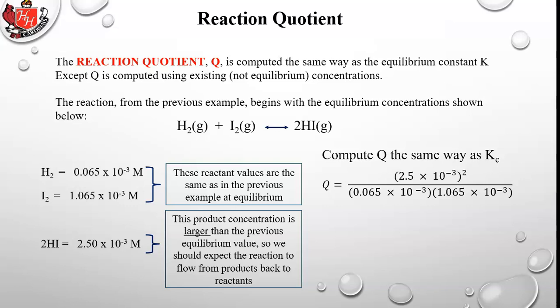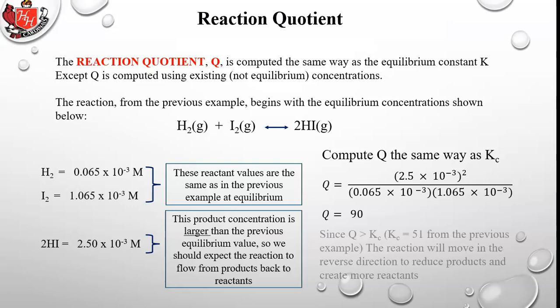Those both have exponents of 1. And if you did that, you'd find Q is 90. In the previous example, it was 50. Since Q is greater than Kc, which was 50, actually 51 from the previous example, the reaction will move in the reverse direction and reduce the products and create more reactants.